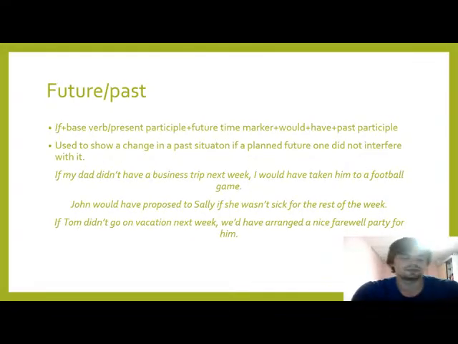So the first one for today is the future condition in the past result, which is used to show a change in the past situation if a planned future one did not interfere with it.